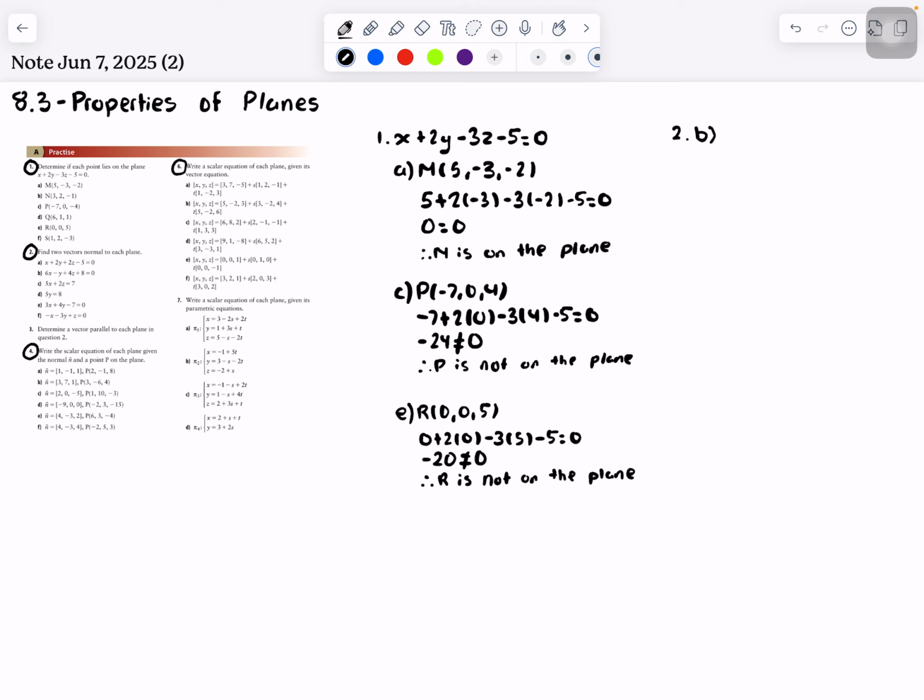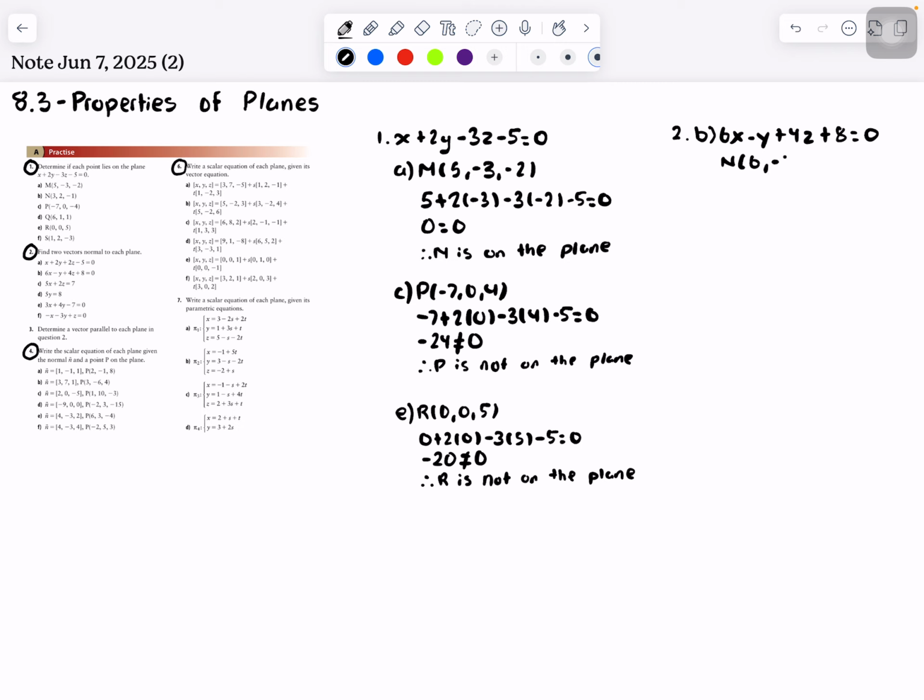So for this guy, we have 6x minus y plus 4z plus 8 equals 0. Then the normal, I just look at the coefficients in front of the x, y, and z variables.